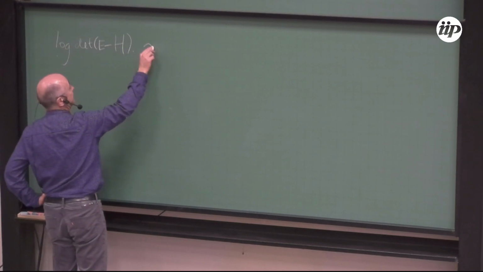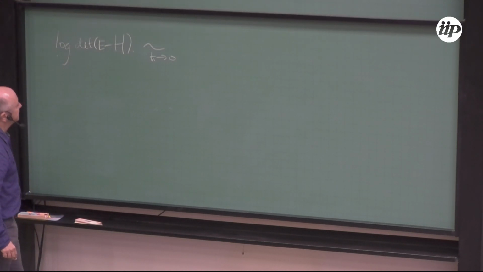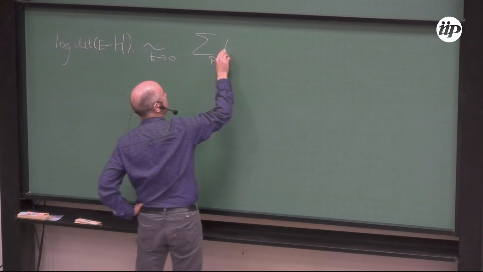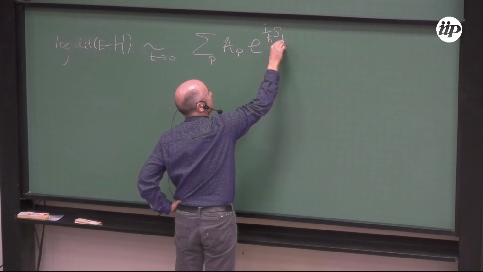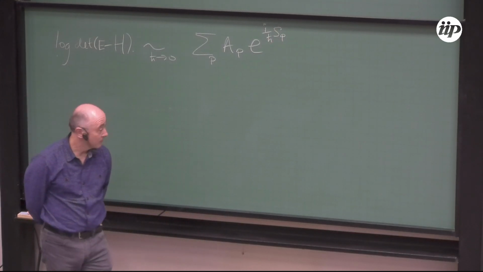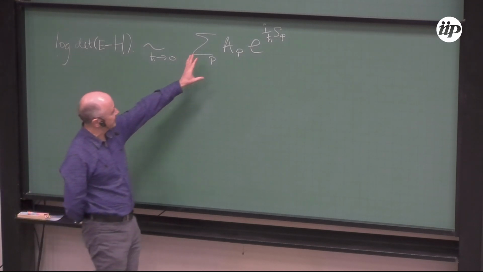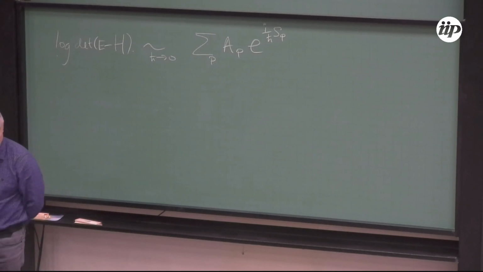And the idea is that semi-classically, as h bar tends to 0, you can represent the log of the determinant, suitably regularized, as a sum over periodic orbits. And so, as I say, a lot of energy was put over many years into understanding how the orbits contribute, what the relations between different contributions are, and that's going to be the subject of this lecture.